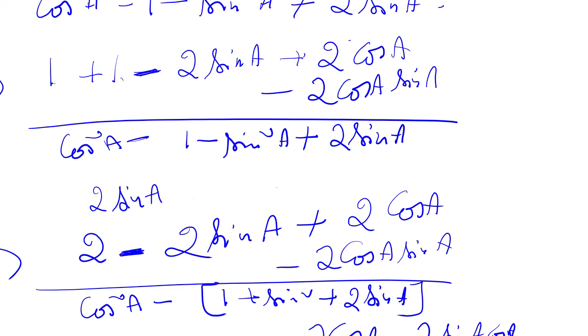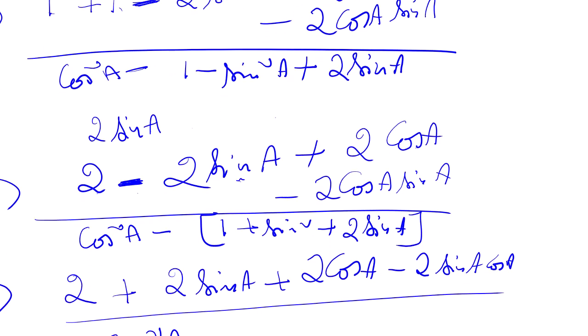So 1 plus 1 is 2, minus 2 sin A plus 2 cos A minus 2 cos A sin A upon cos square A minus, I have taken out common, so it becomes cos square A minus of 1 plus sin square A minus 2 sin A, because I have taken out minus common.